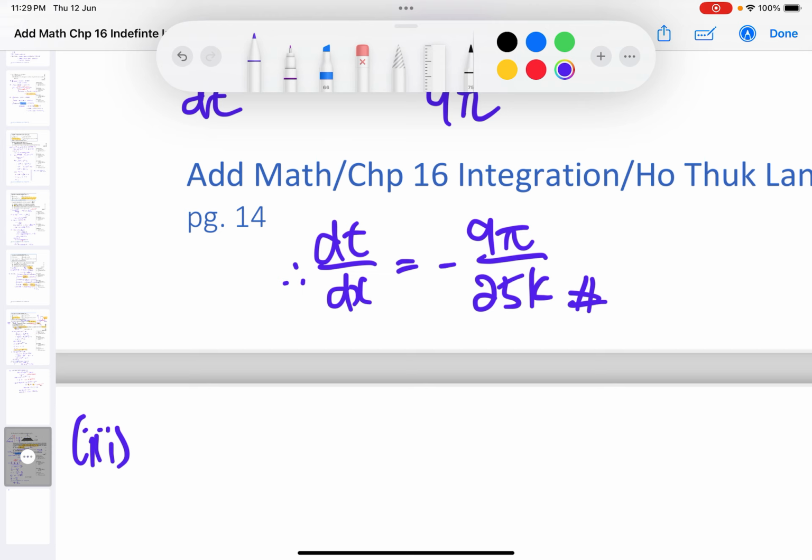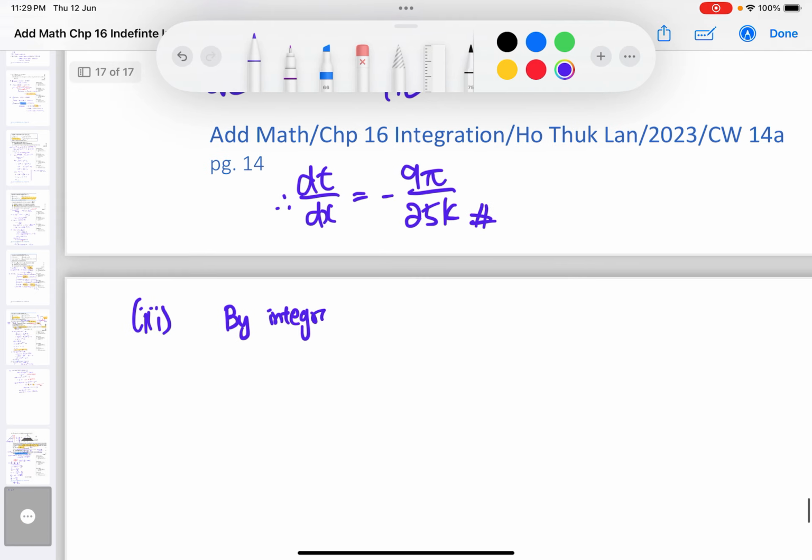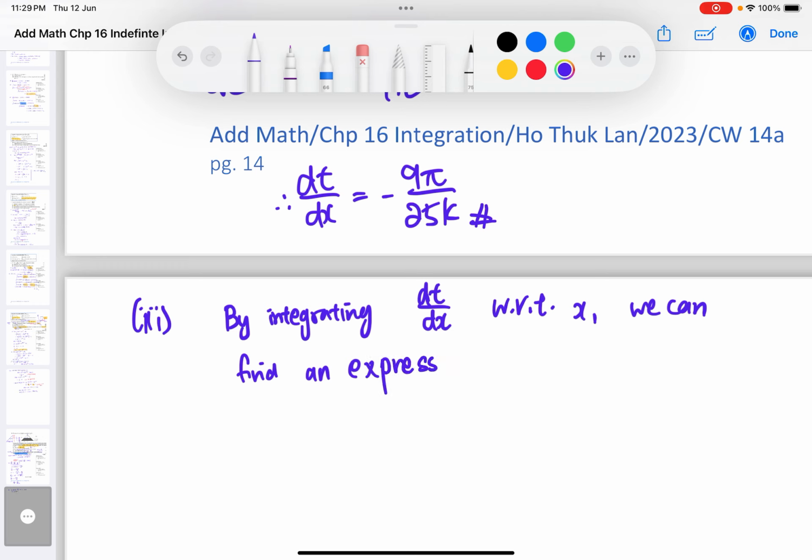So if I were to integrate this expression, let me write down, by integrating dt over dx with respect to x, we can find an expression for t as a function of x, right?